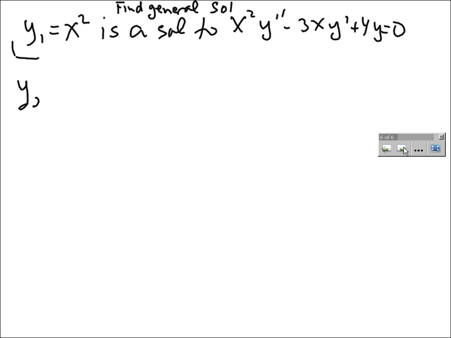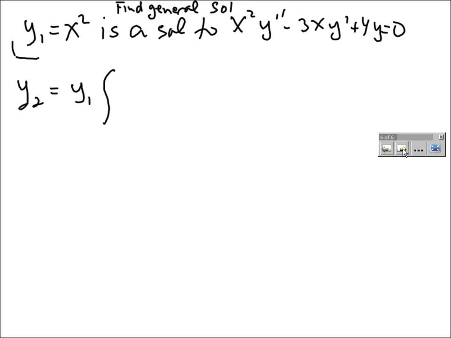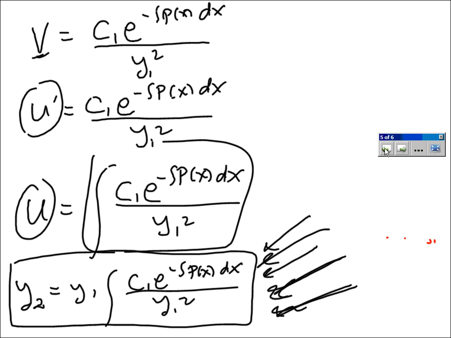Well, we know that y2 is equal to y1 times that formula that we just derived, this baby right here, c1 times e to the negative integral p dx over y1 squared dx. The only thing I'm going to comment is we can let the c1 be 1.